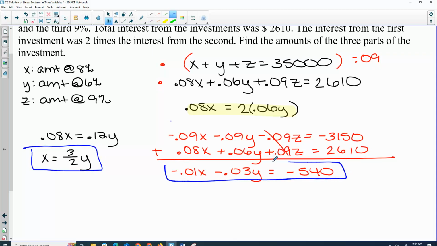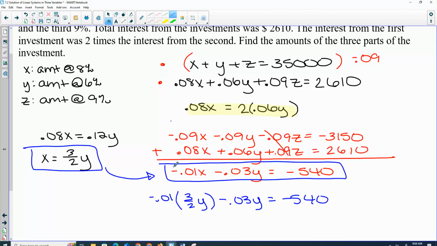They both involve x and y. We already set this one up to sub, so we're going to sub it into the first. So we have negative 0.01, and in place of x, x is 3/2 y. You guys with me? You know what we're doing here?